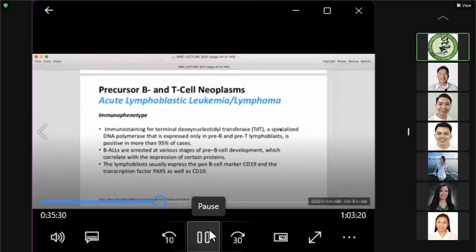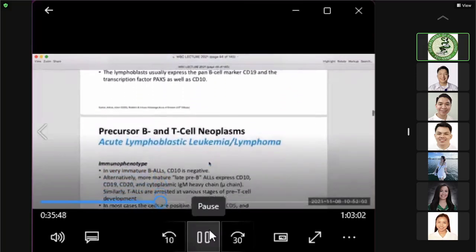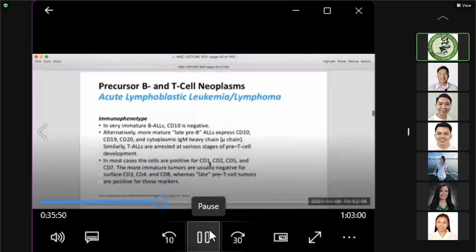So we get to request for that. There is also expression of pan-B cell markers like CD19 and the transcription factor PAX5, as well as CD10. So they will turn out to be positive. Okay, so when we are dealing with white cell neoplasm, it's usually a panel of immunophenotyping.